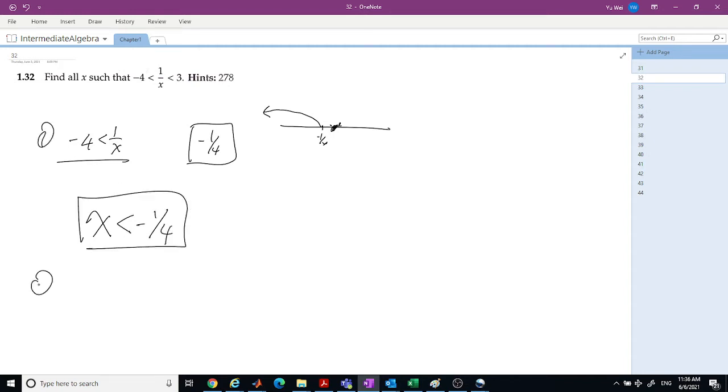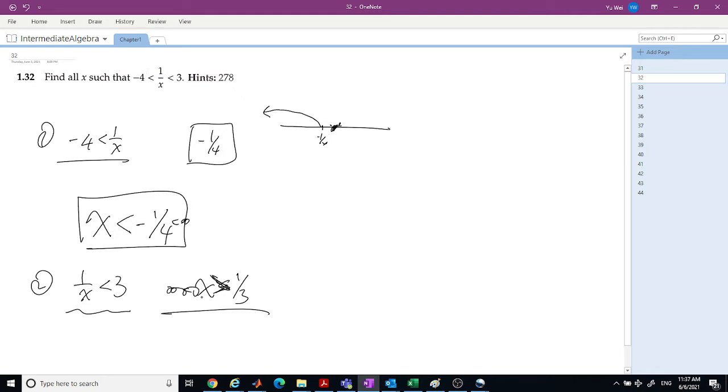Okay. Now for the second side, 1 over x should be less than 3, right? So we wish x to be greater than 0, but we wish it to be greater than 1/3, right?